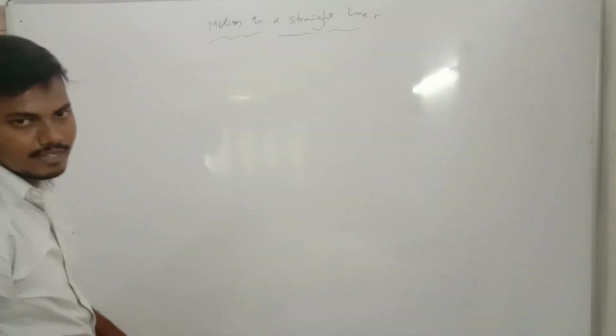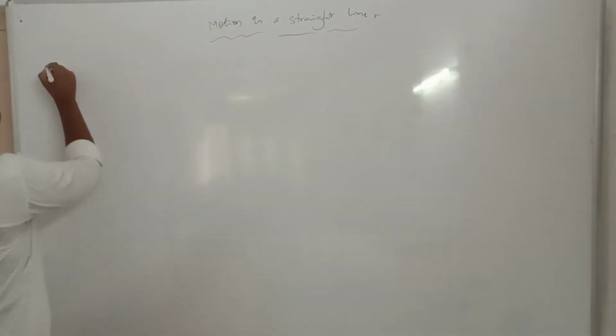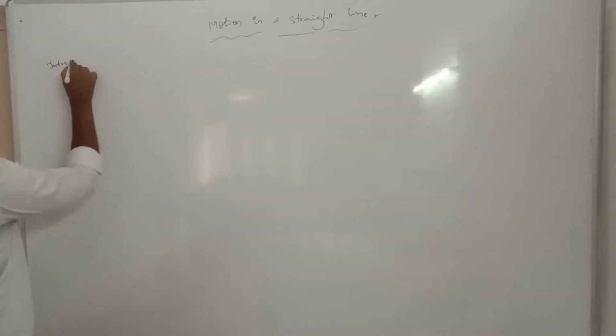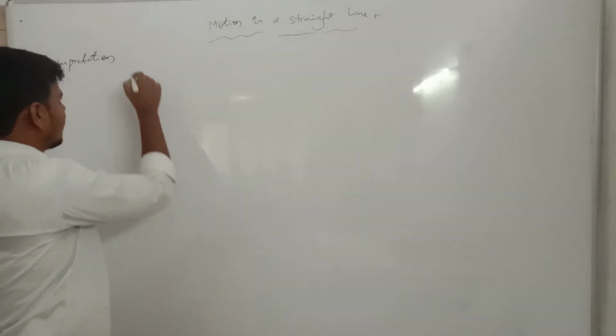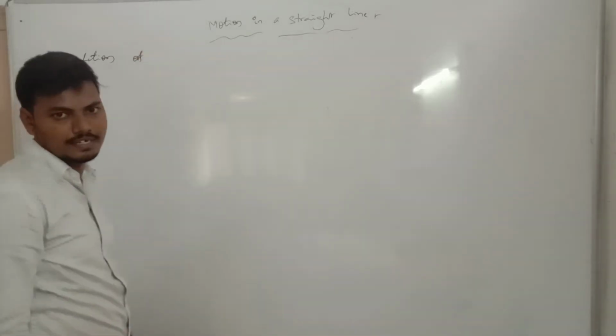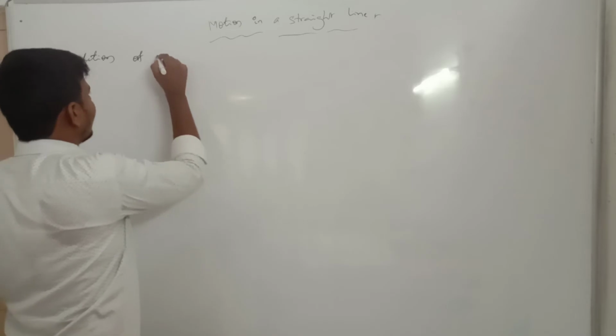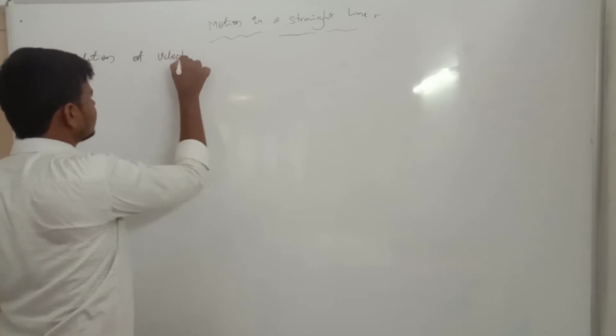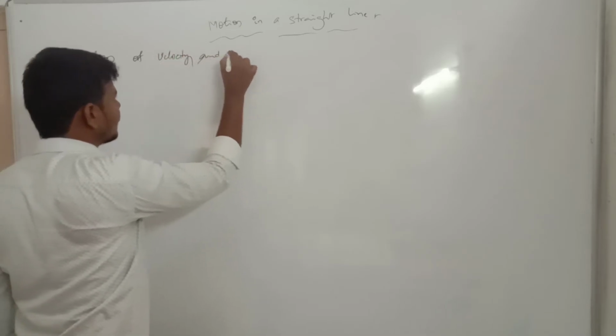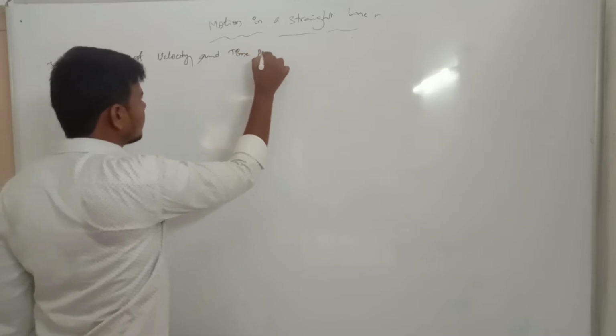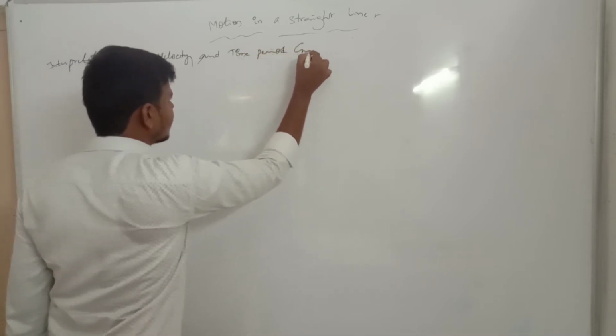Okay, right? The statement of interpretation of velocity and time period graph.